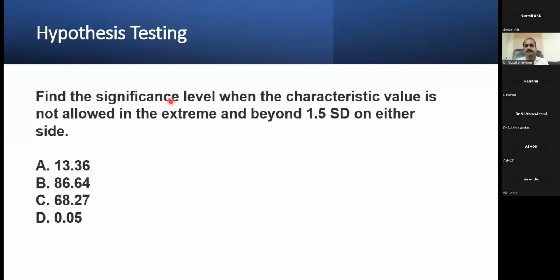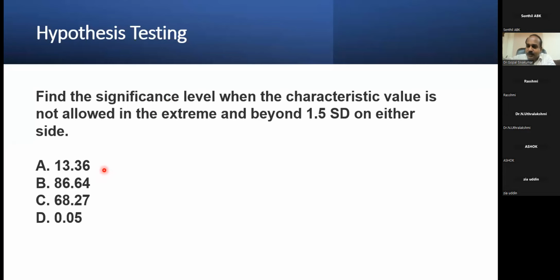Now tell me, what is the significance level? 13.36. Your company don't want to see their product characteristics appearing in the red color area. What is the percentage of the red color area? 13.36. What is the definition for red color area?